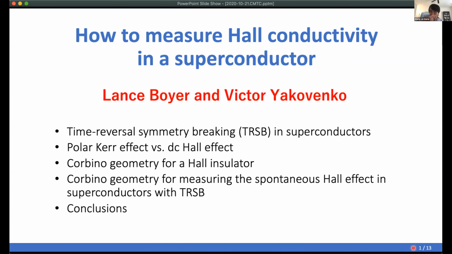He also applied statistical physics to economics and finance, and really deepened our understanding of our world. So today he's going to tell us about how to measure Hall conductivity in a superconductor. Let's welcome Professor Victor Yakovenko.